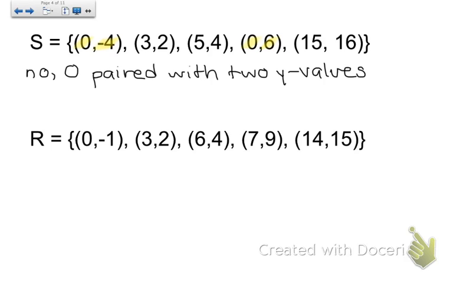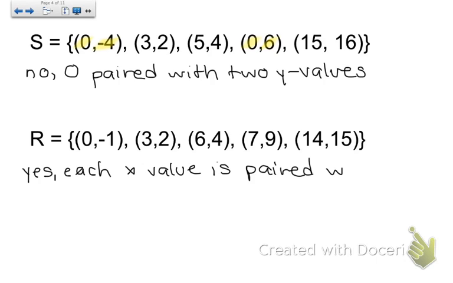Now, if we look at R, we have (0, 1), (3, 2), (6, 4), (7, 9), and (14, 15). This one is a function. If we check out those y values, each x is paired with exactly one y. There's no x values that repeat. So each x value is paired with one y value.